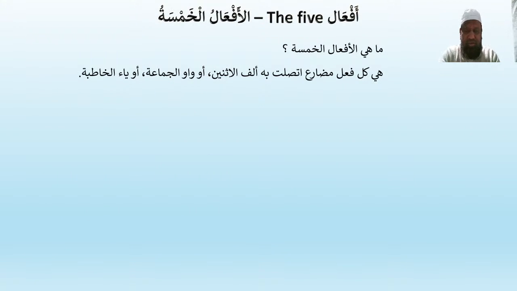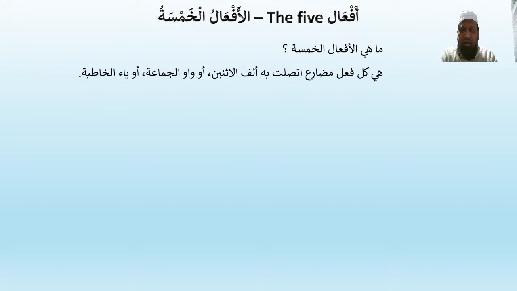Now we've learned there's a group of sighas. They are called al-af'alul khamsa. And we've learned that any form where aliful ithnain, the damir bariz, is added, attached, or waw al-jama' is attached, or ya al-mukhataba is attached, those are called al-af'alul khamsa.